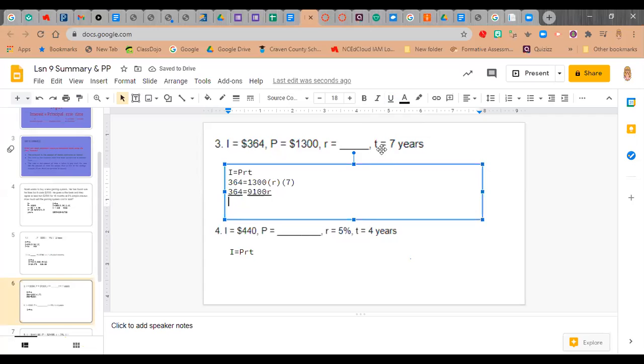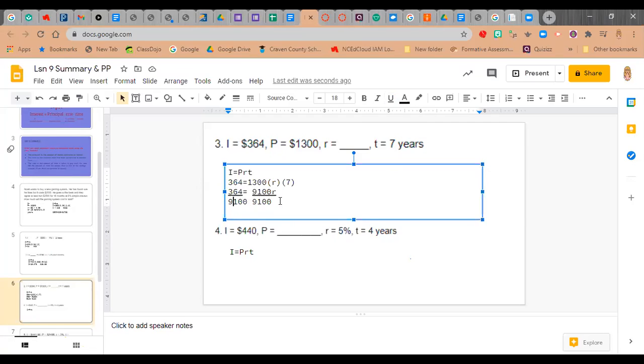What's attached to the R? 9,100. So that is what I am dividing both sides by. Does that make sense? Yes. Because my goal is to get 1 R. So 9,100 divided by 9,100 is 1. So now I've got 1 R over there.